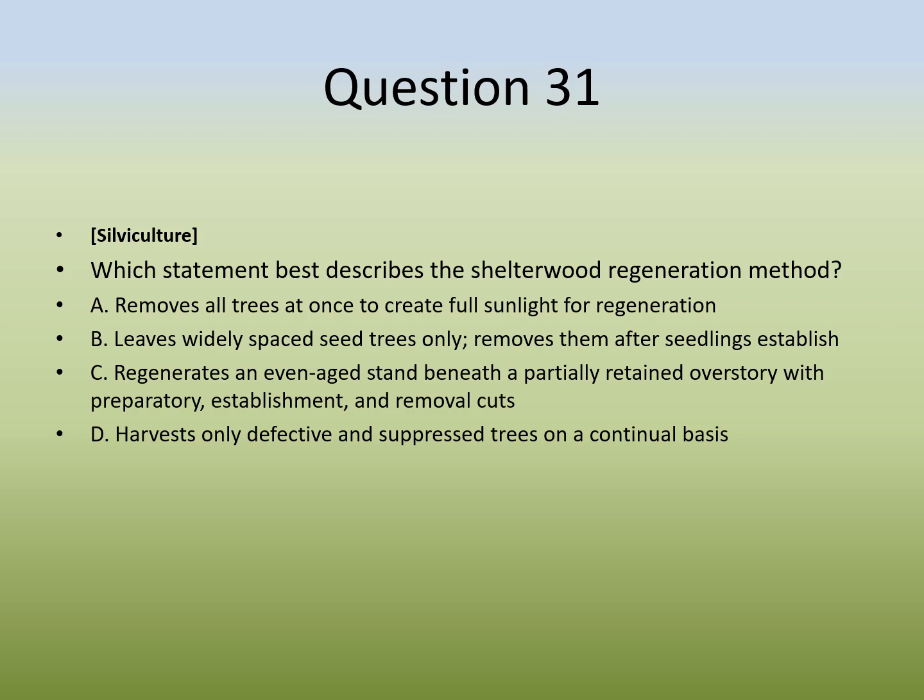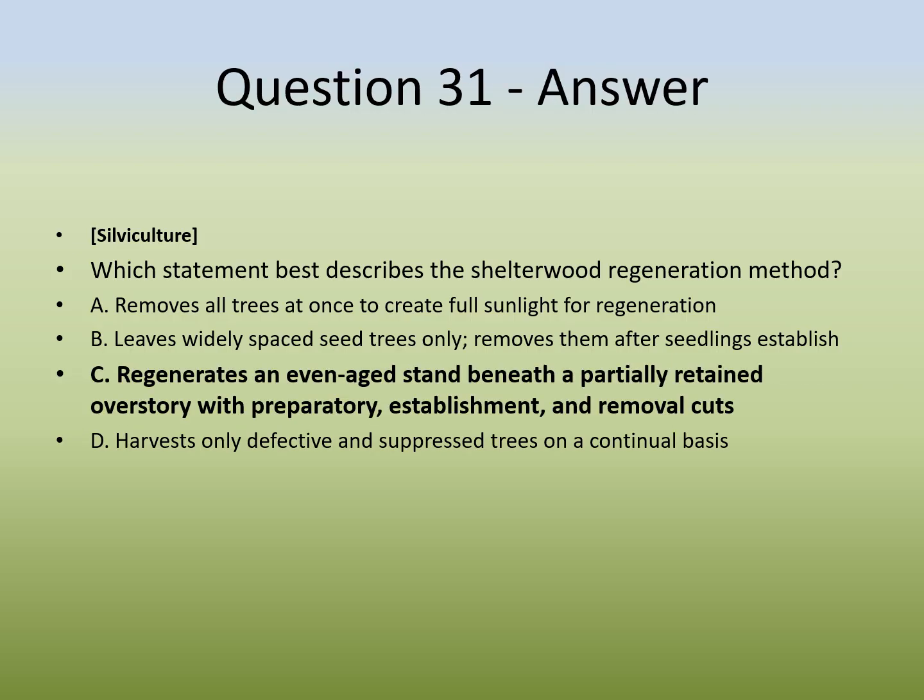C, regenerates an even-aged stand beneath a partially retained overstory, with preparatory, establishment, and removal cuts. D, harvests only defective and suppressed trees on a continual basis. The answer is C.